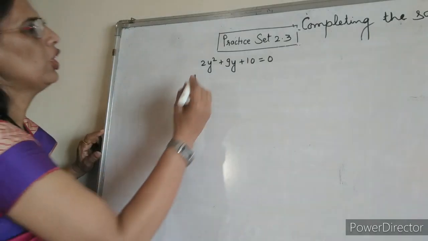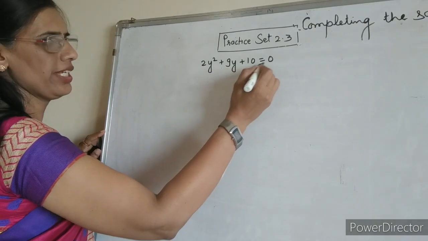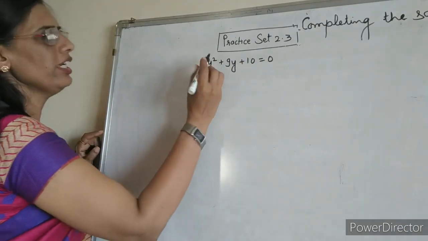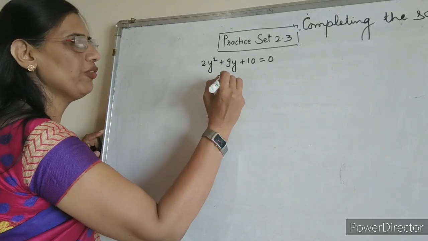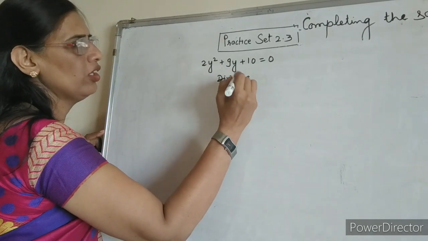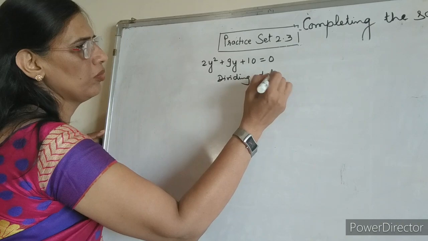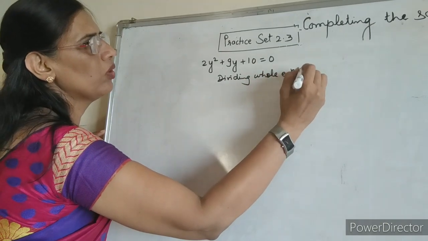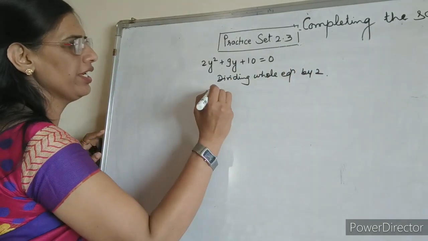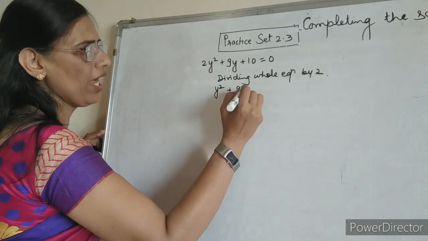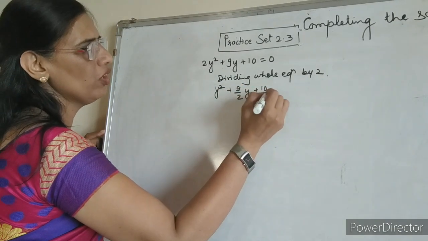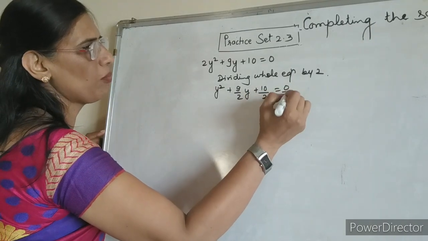Next example, 2y square plus 9y plus 10 is equal to 0. Here again the coefficient of y square is not 1 and therefore what will you do? You will divide the whole equation by 2. What do we get? y square plus 9 upon 2 y plus 10 upon 2 is equal to 0 upon 2.